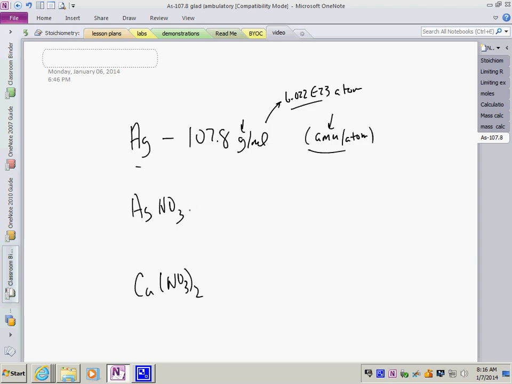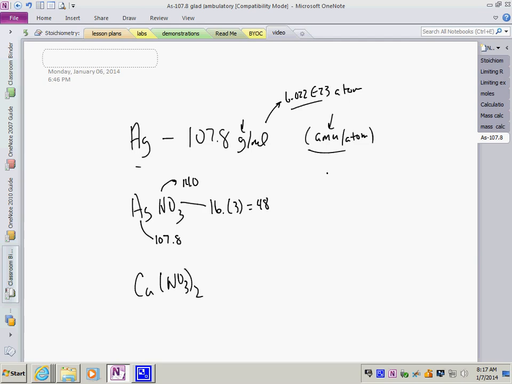All right, now silver nitrate. The silver is going to weigh 107. I'm going to round it off to 3 sig figs. Then the nitrogen, let's go to the 10th place. Nitrogen is 14.0. The oxygen is 16.0, and then there are 3 of them for a total of 48.